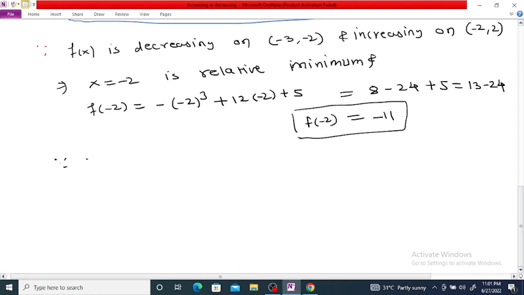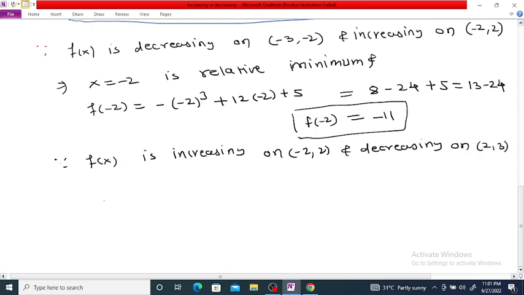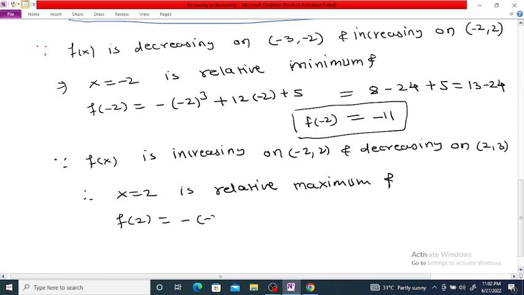Similarly, since f of x is increasing on minus 2 to 2 and decreasing on 2 to 3, therefore x is equal to 2 is a relative maximum or local maximum, and f of 2 is equal to minus 2 cube plus 12 into 2 plus 5.